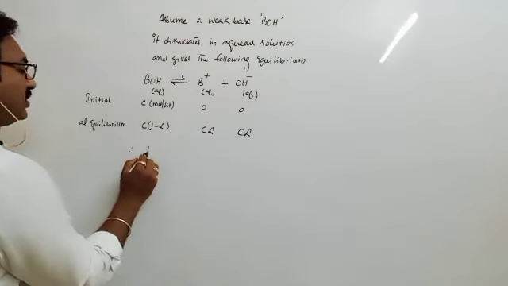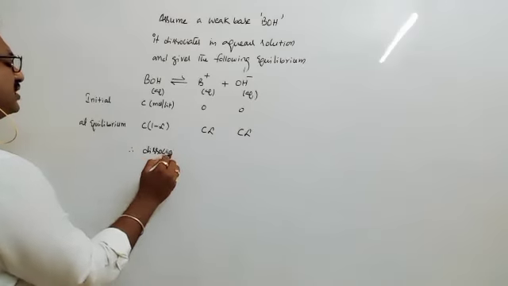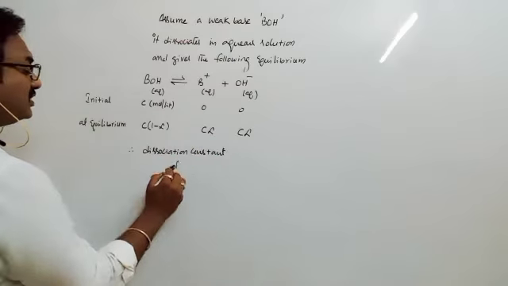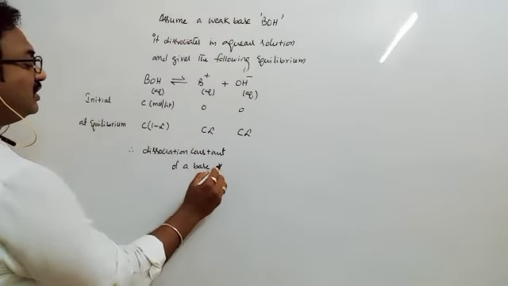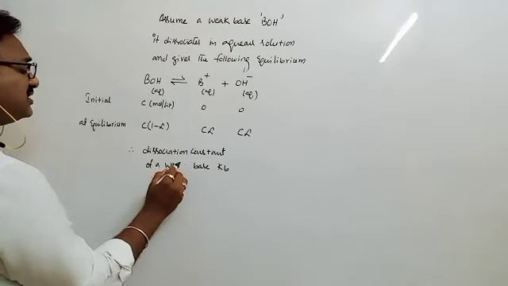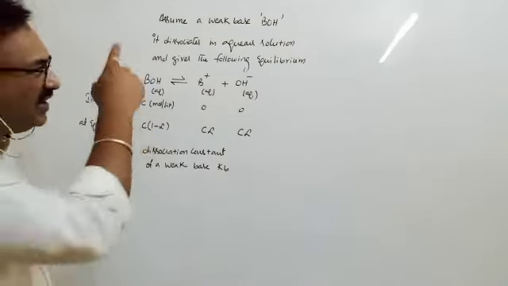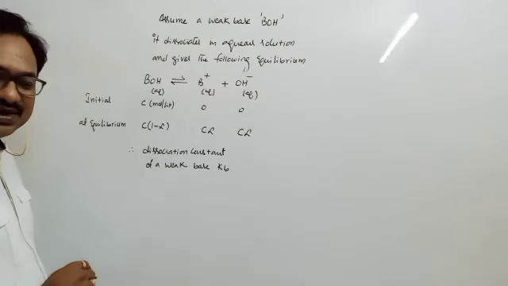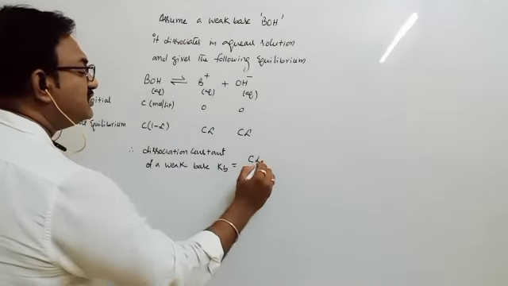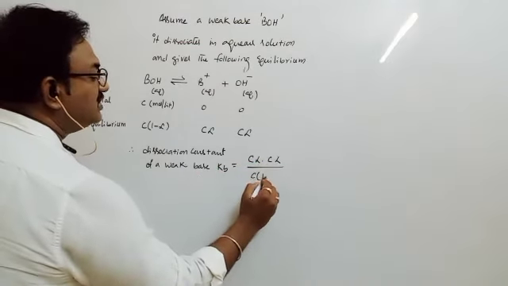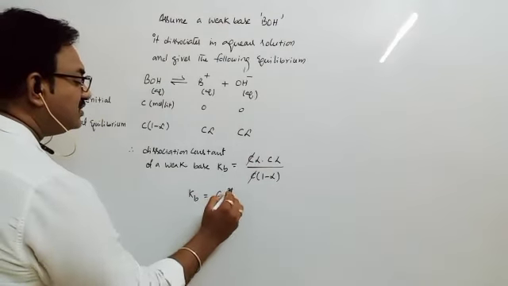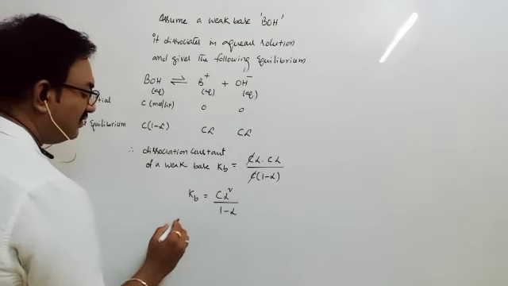Therefore, dissociation constant of a weak base Kb is equal to C alpha into C alpha by C into 1 minus alpha. C gets cancelled. Kb is equal to C alpha square by 1 minus alpha.